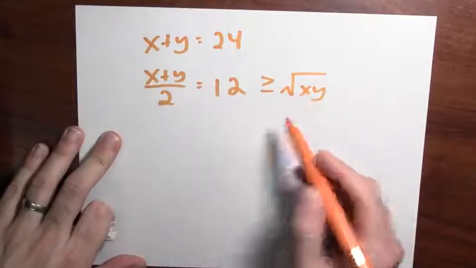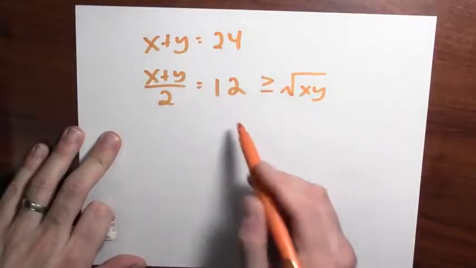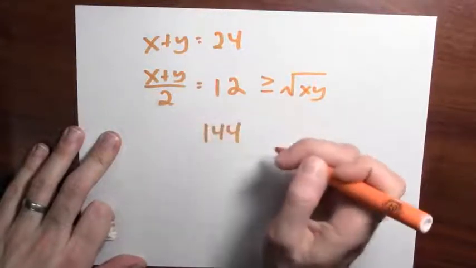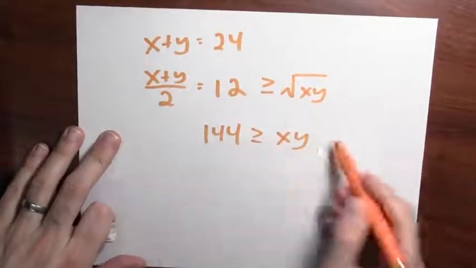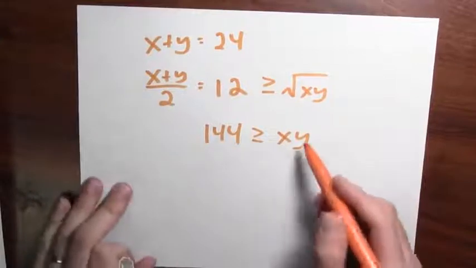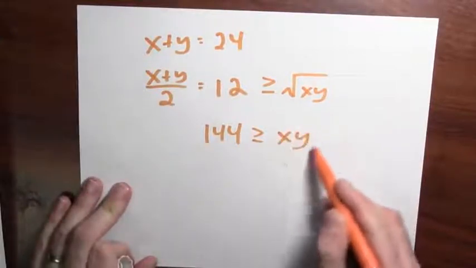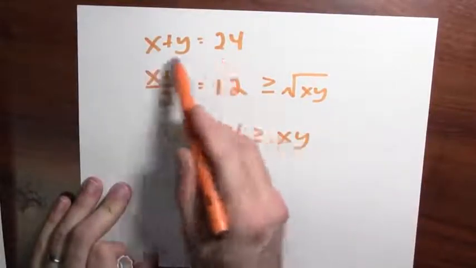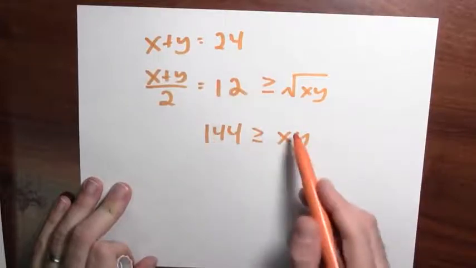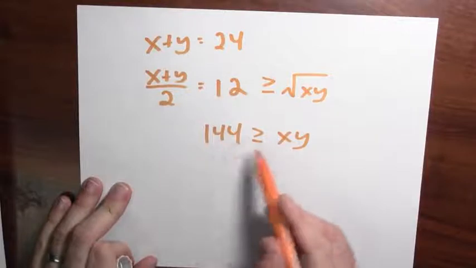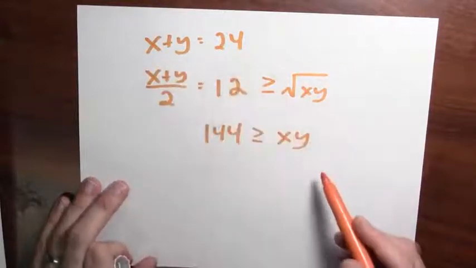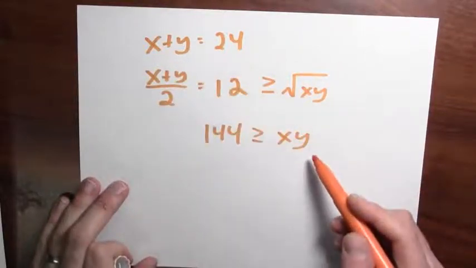Now, how does this help us? Well, what if I square both sides? Then I know that 144 is bigger than or equal to x times y. And that's exactly what I'm trying to figure out. I'm trying to figure out how big can the product of x and y be if I know what the sum is. And what this is telling me is that the product can be no bigger than 144 with equality when x and y are both equal, and that happens when they're both equal to 12.